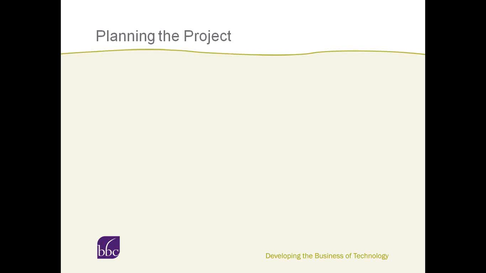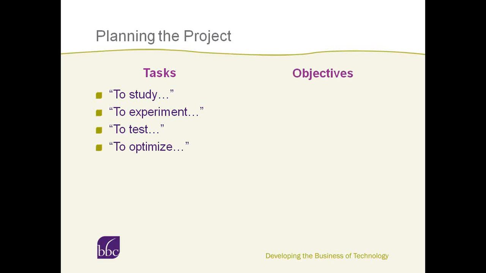And that's why, when we talk about the objectives, we want to know how to measure them. So when we see a proposal that mistakes tasks for objectives, the statement of the task usually starts with phrases like, the objective is to study, or to experiment, or to test, or to optimize, right?